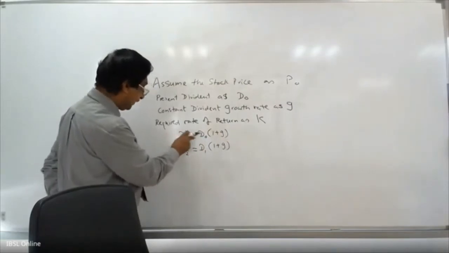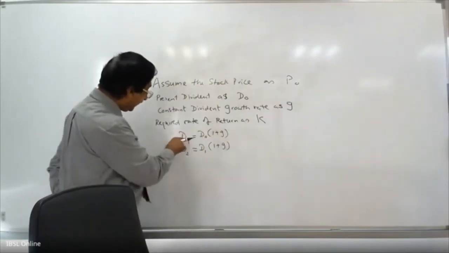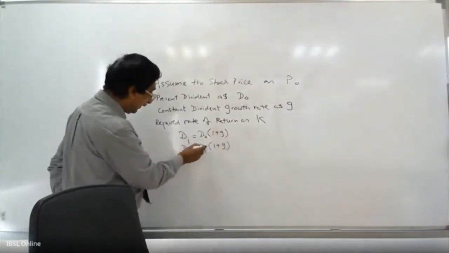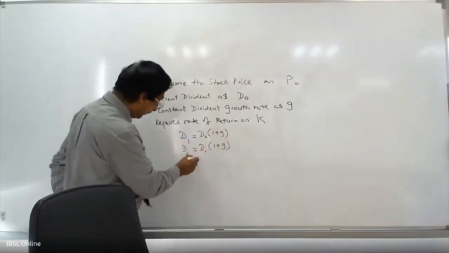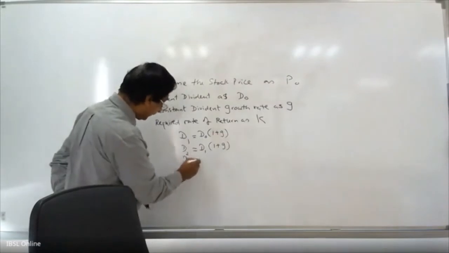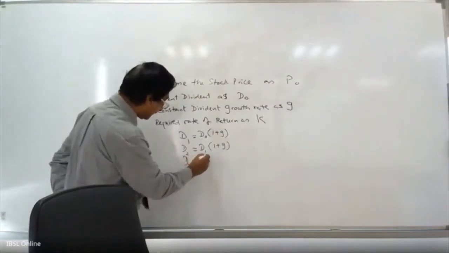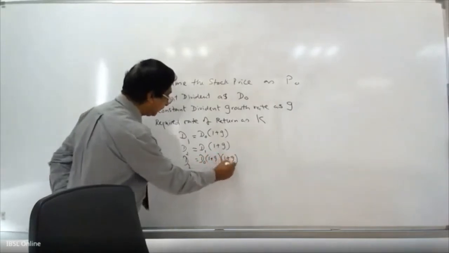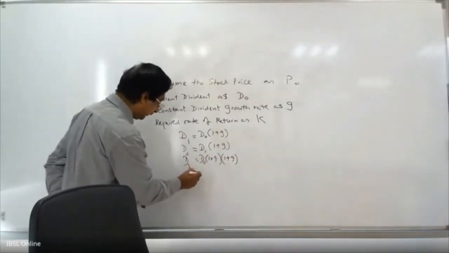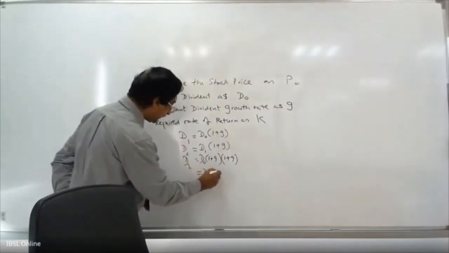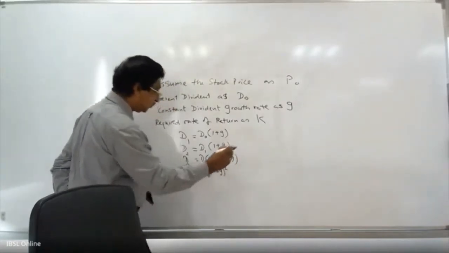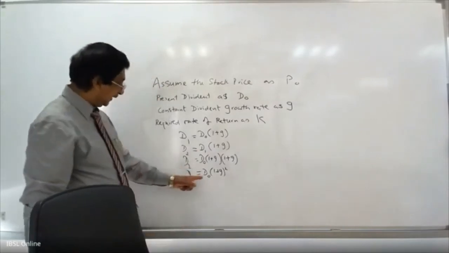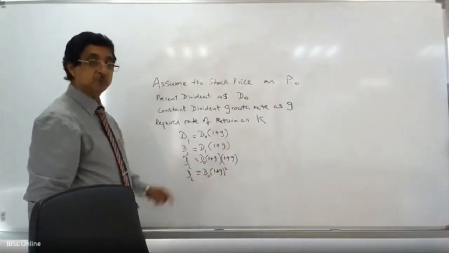We have another relationship where D1 is equal to D0 into 1 plus G. So when you replace D1, D0 into 1 plus G comes here, again into 1 plus G. So then it is equal to D0 into 1 plus G to the power 2. D2 is equal to D0 into 1 plus G to the power 2.